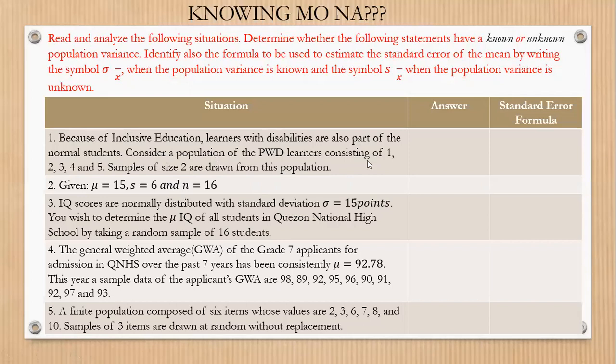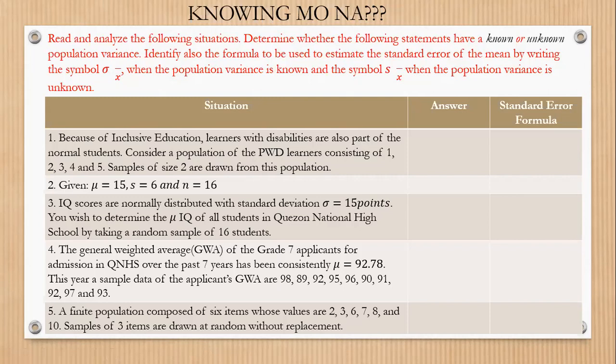Hindi po. Known or unknown? Unknown po. Again? Unknown po. O anak, sabi, consider a population of the PWD. So what does it mean? Can we compute for the variance of this? Unknown po pala. Population variance.